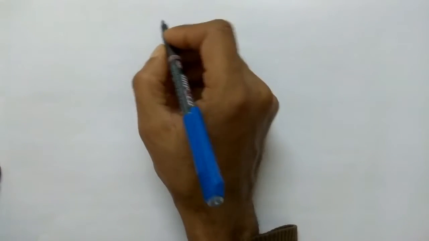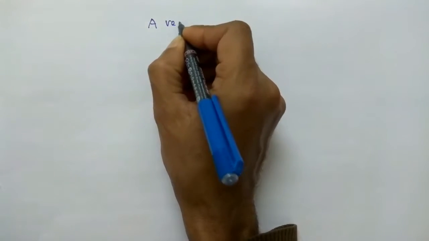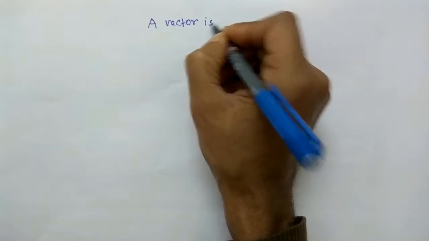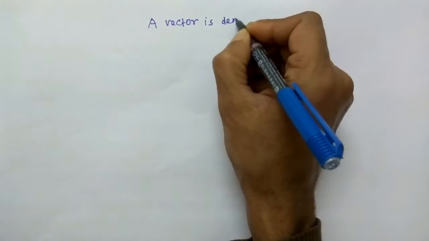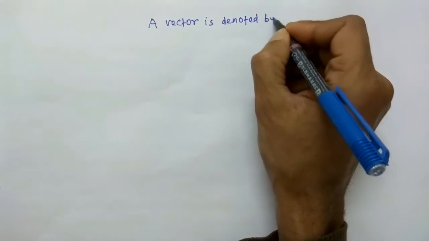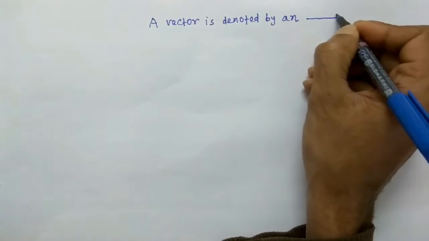Now a vector is denoted by an arrow sign.